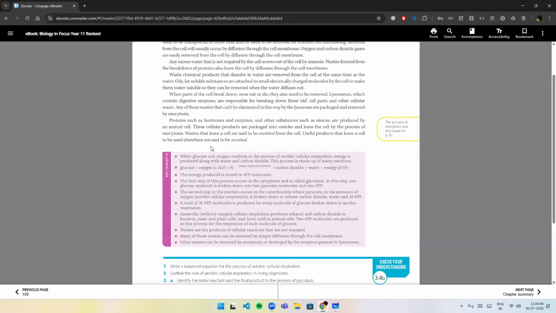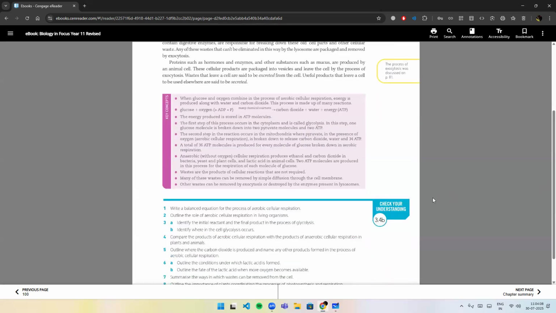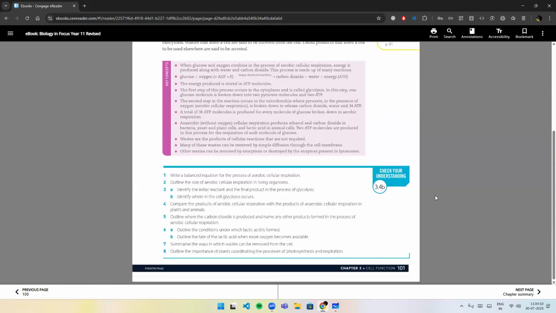Key concepts. When glucose and oxygen combine in the process of aerobic cellular respiration, energy is produced along with water and carbon dioxide. This process is made up of many reactions. The energy is stored in the form of ATP molecules. The first step of this process occurs in the cytoplasm and is called glycolysis.